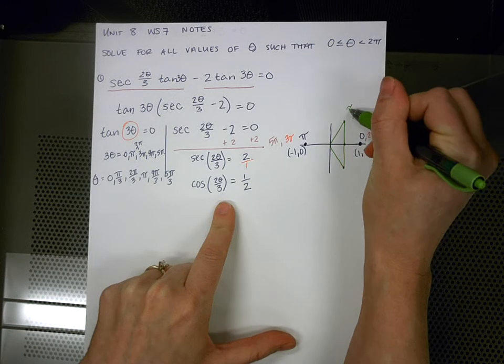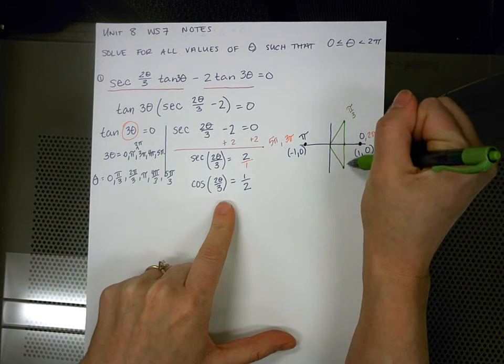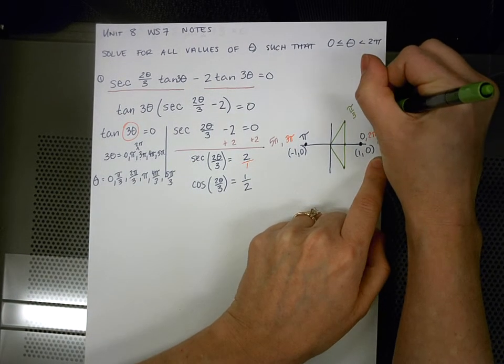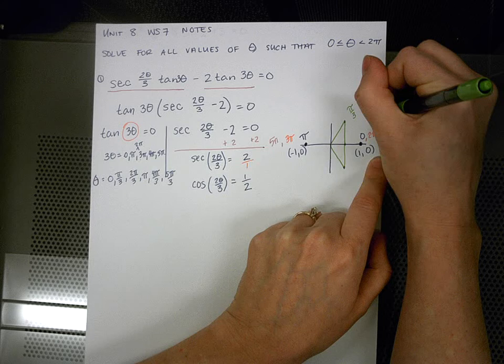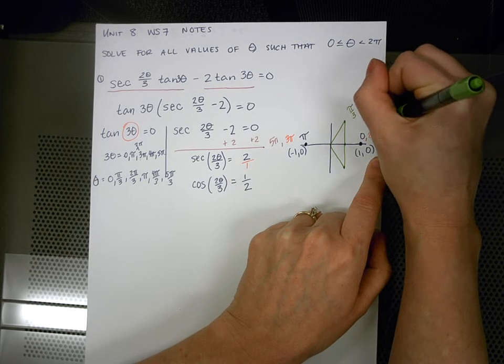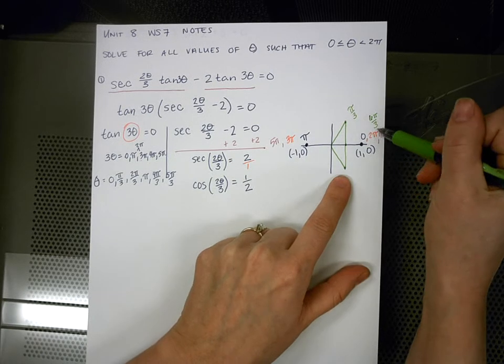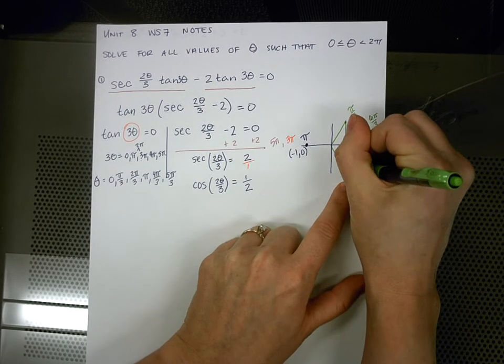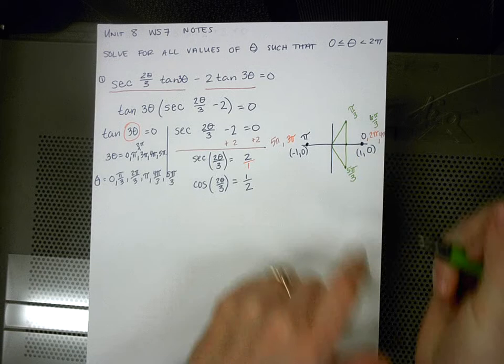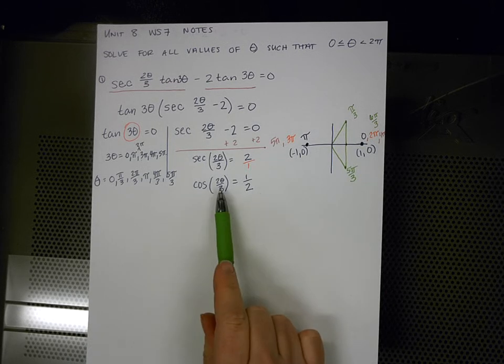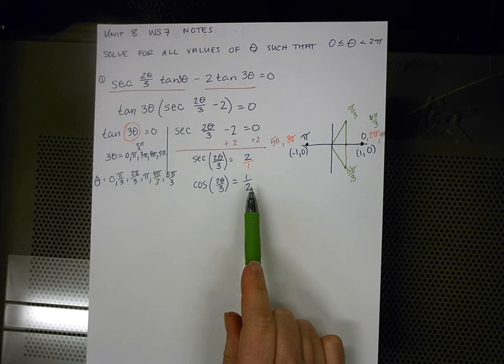So pi over 3 in the opposite direction, which one full circle would be 6 pi over 3, because that reduces to 2 pi, right? So if I do 6 pi over 3 minus pi over 3, I get 5 pi over 3. All right, so those are some of my values that will give me cosine of theta equals 1/2.